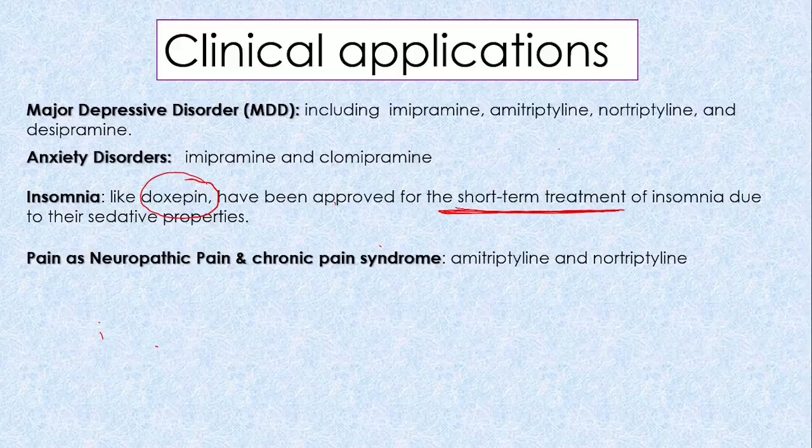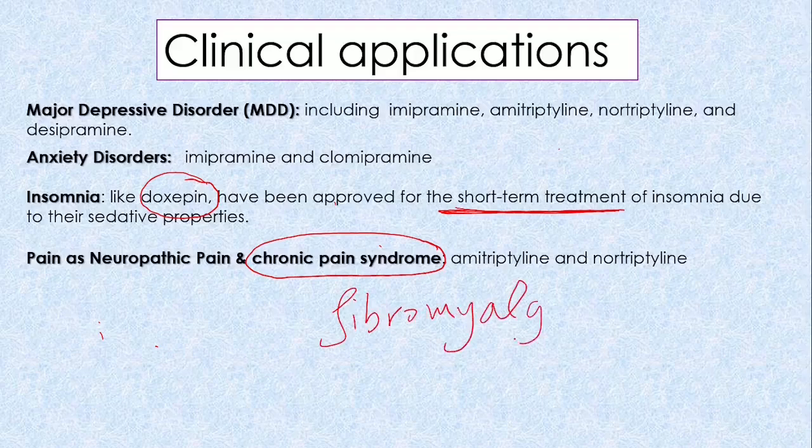Also, they are used as adjuvant to analgesics in treatment of different types of chronic pain syndrome. Chronic pain syndrome, like for example, fibromyalgia, which is pain in the skeletal muscle and the fibrous tissue.